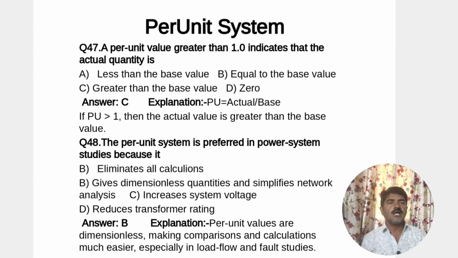Less than 1 means actual value is less than the base value. Okay, next 48. The per unit system is preferred in power system studies because it gives dimensionless quantities and simplifies network analysis and fault analysis, etc. So here B is the answer.